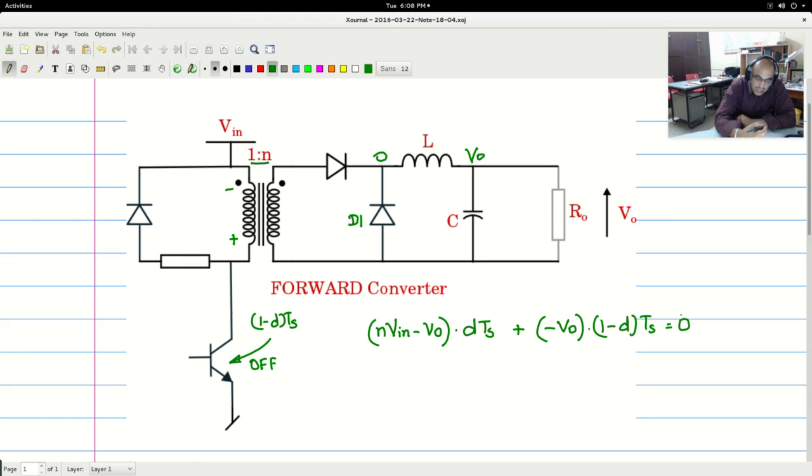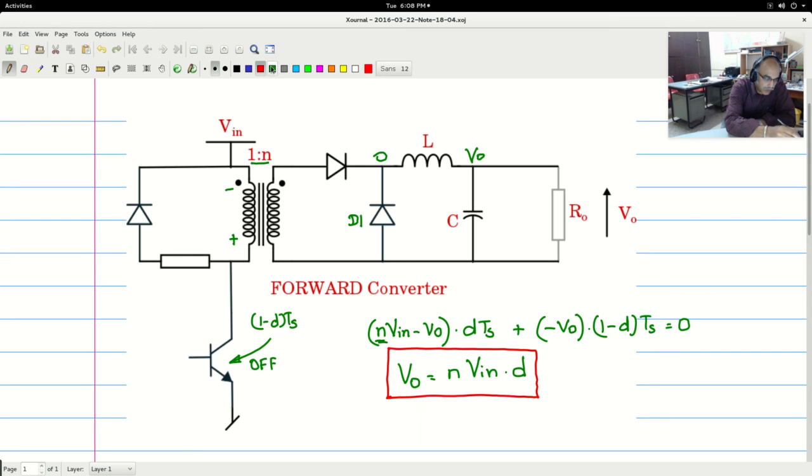This will lead you to the input-output relationship, very similar to the buck converter, except that you have an n term appearing here. So if you rewrite and solve for V0, you get V0, which is equal to n times Vin into D. So this would be the input-output relationship for the forward converter that we have shown here.